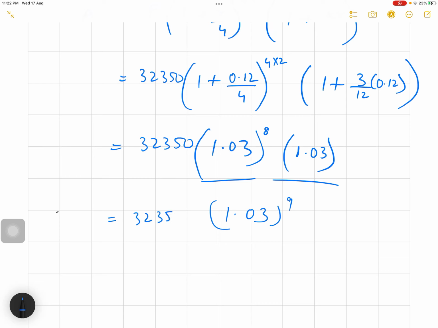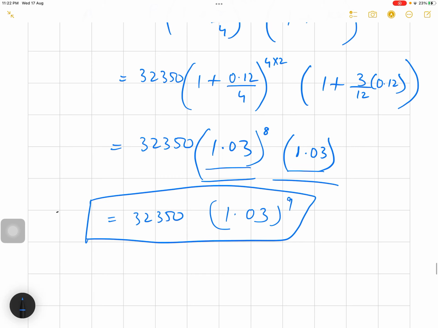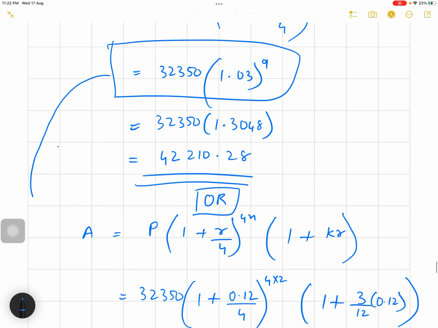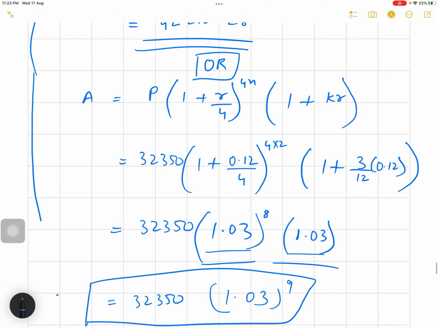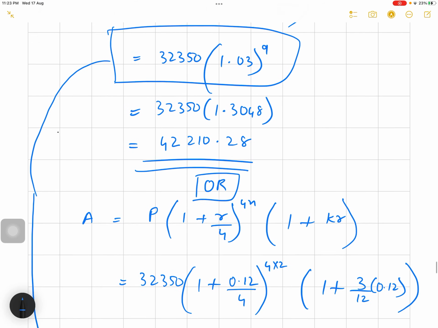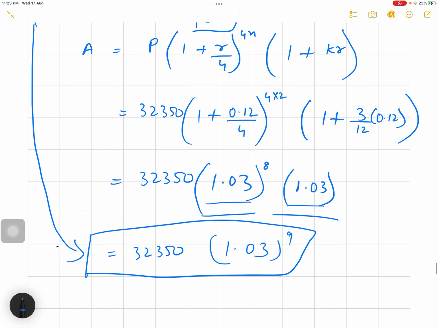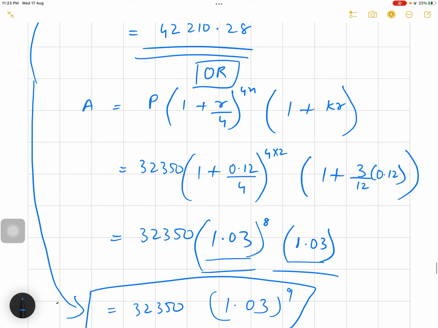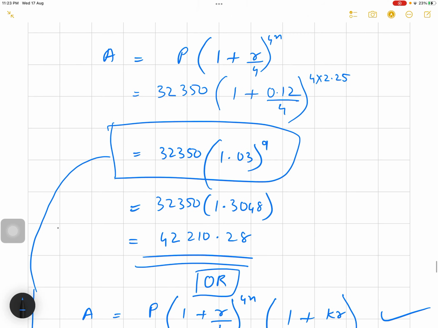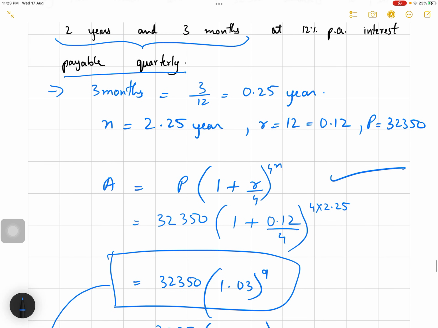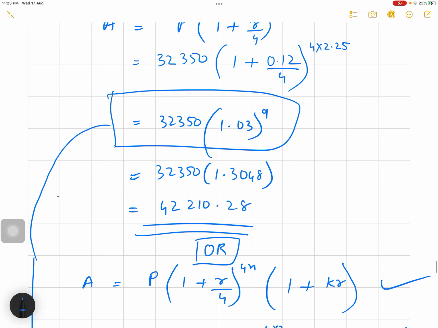This is 32,350 into 1.03 raised to 8 into 1.03, so it will be 1.03 raised to 9, correct? And this is the same answer we are going to get. So you can use either this formula or this formula.